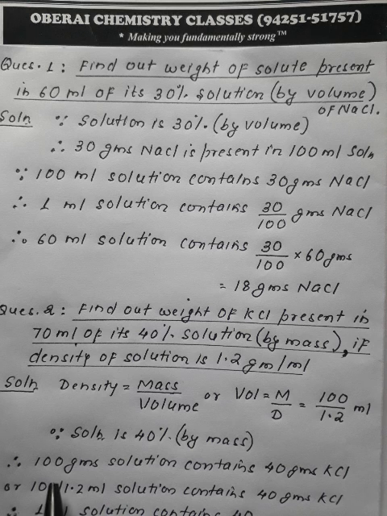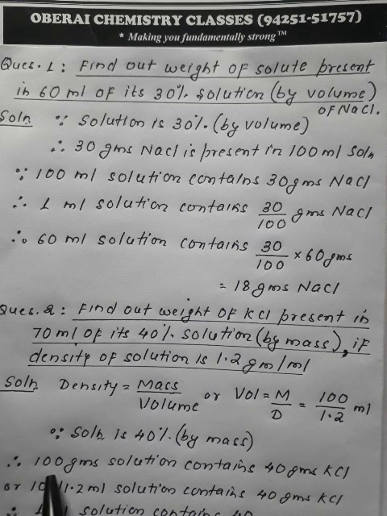So 100 grams of solution contains 40 grams of KCl. If we convert this mass into volume, 100 grams means 100 upon 1.2 ml. So 100 grams of solution contains 40 grams of KCl, or 100 upon 1.2 ml of solution contains 40 grams of KCl.